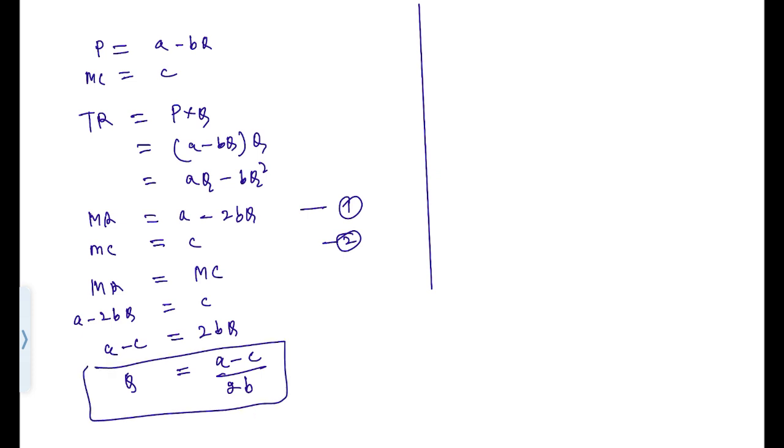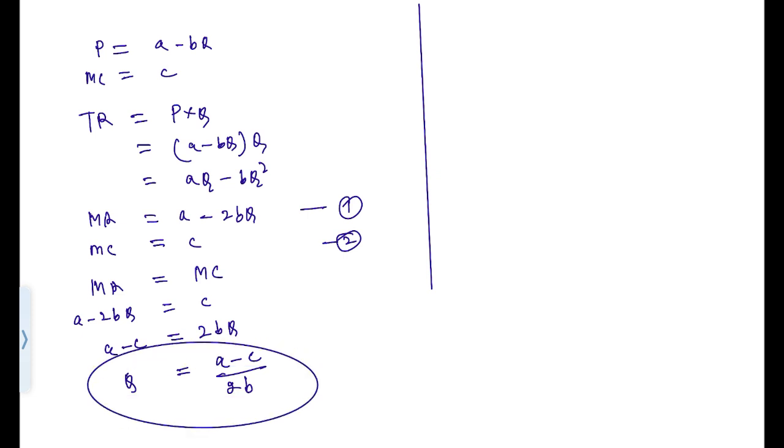I have calculated the equilibrium, or profit maximizing, quantity of the monopoly. Now we need to calculate the profit maximizing price. You are aware that the price equation is p equals a minus bq.